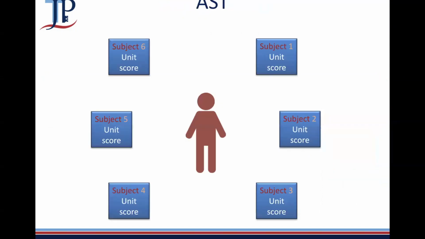So that AST, when you sit it, you do those 3 tests. It's testing those higher order skills and specifically looking at your verbal and quantitative skills. You individually will get a scaling score from that test. And you take that scaling score into all of your subjects.